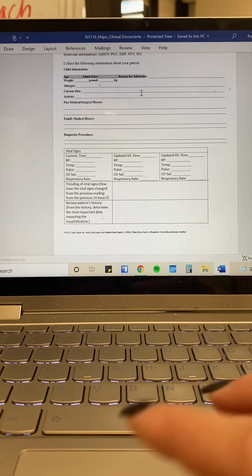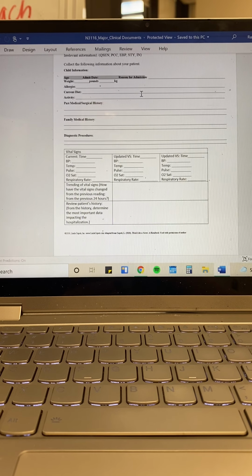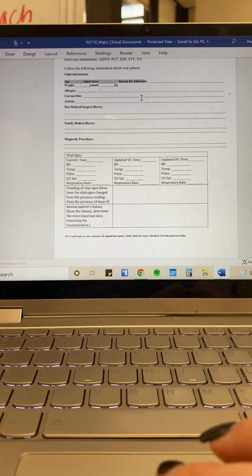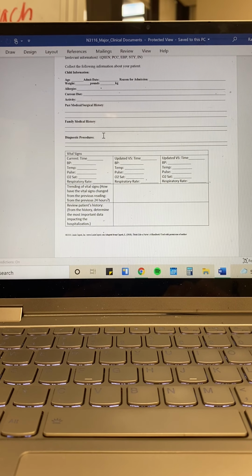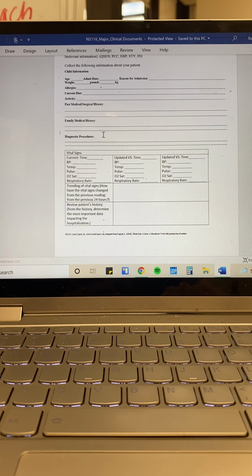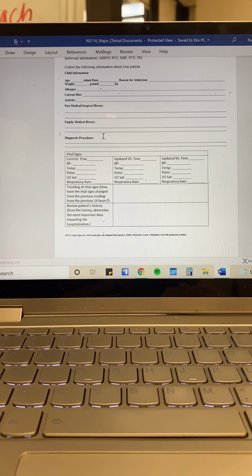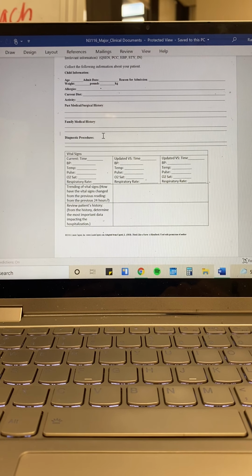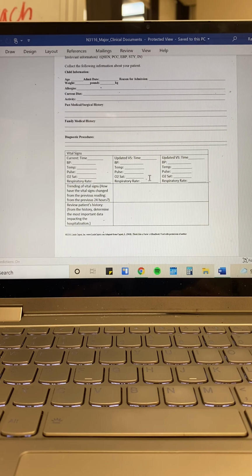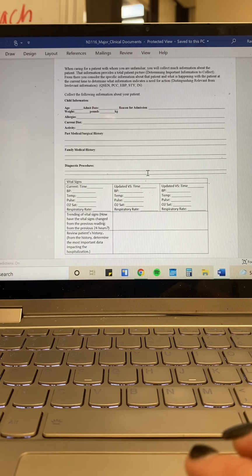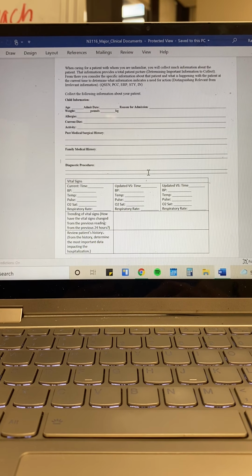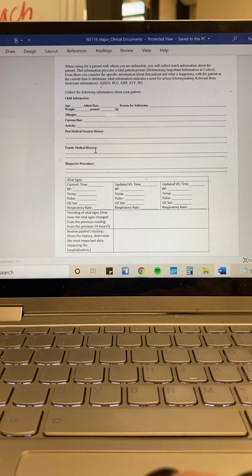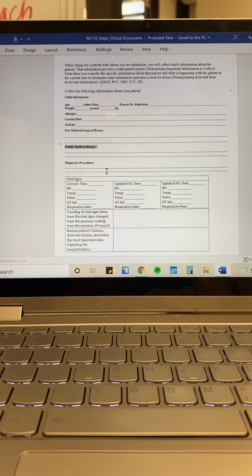On this page, I know that in the past you guys have had some difficulty obtaining information from the chart just due to time considerations since you don't have access to the charts yourself.